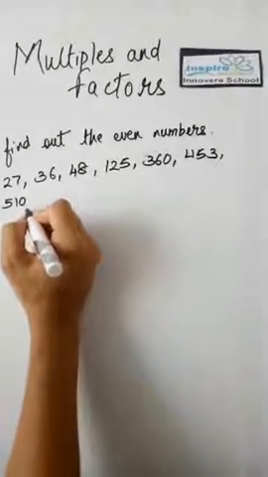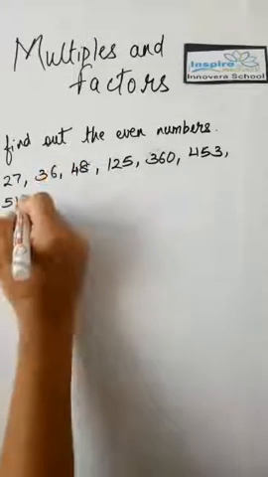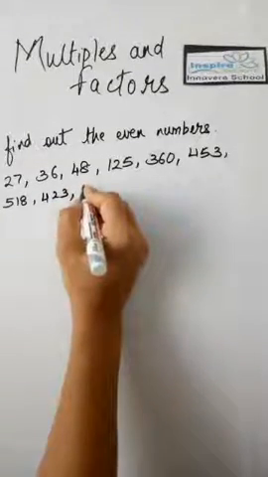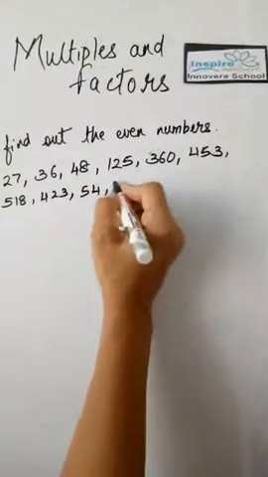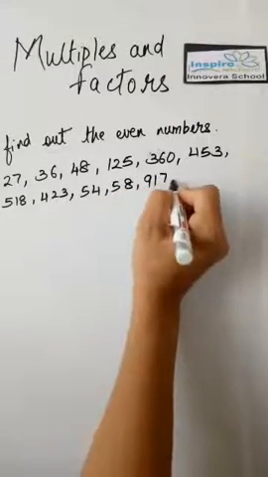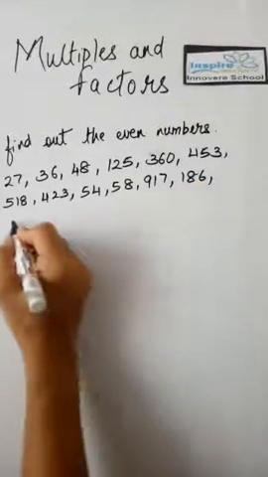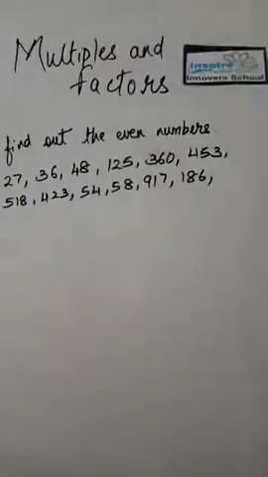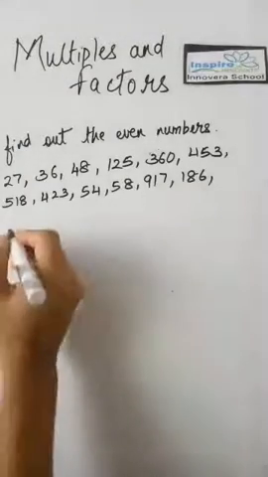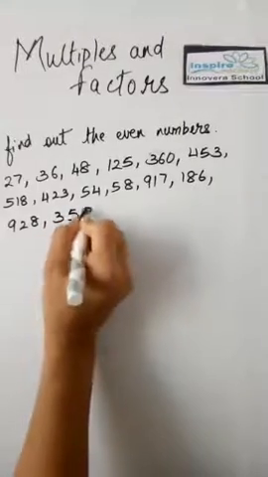Before that, we are going to see what are the even numbers and odd numbers. 518, 423, 54, 58, 917, 186, 928 and 358.